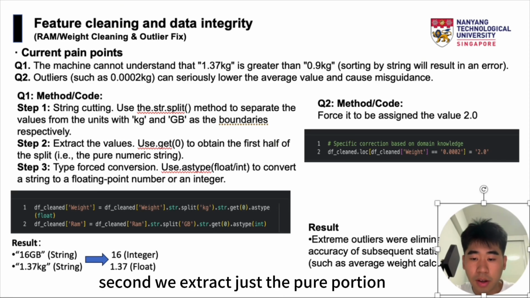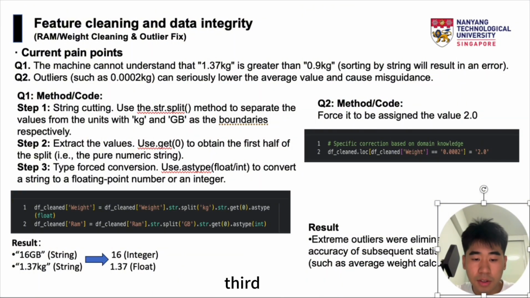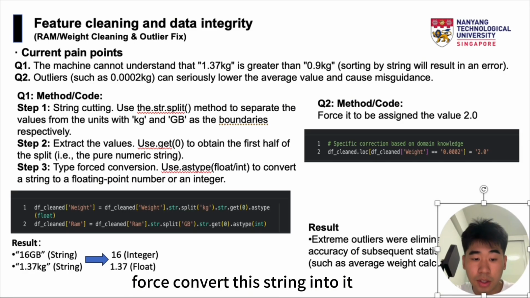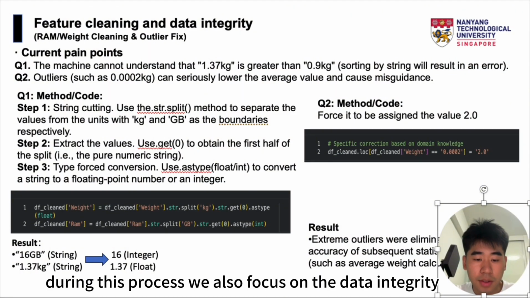Second, we extract just the pure numeric portion. Third, and most importantly, we used the function astype to force convert this string into floats.